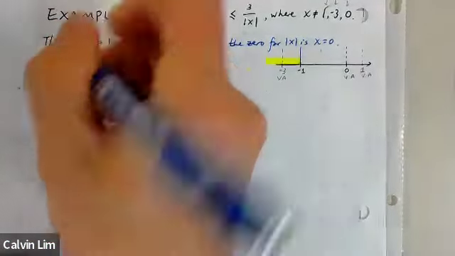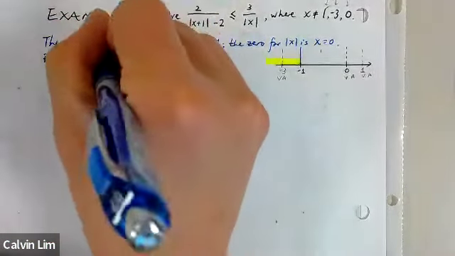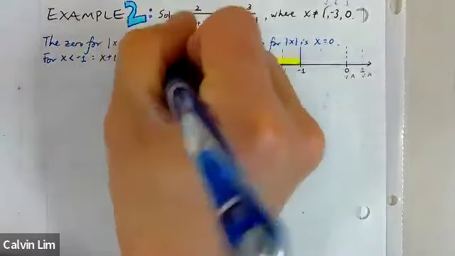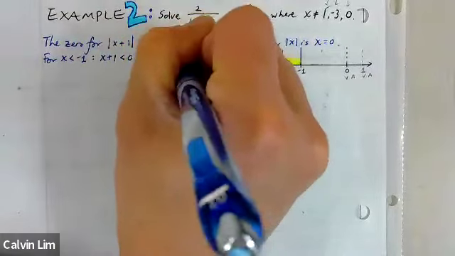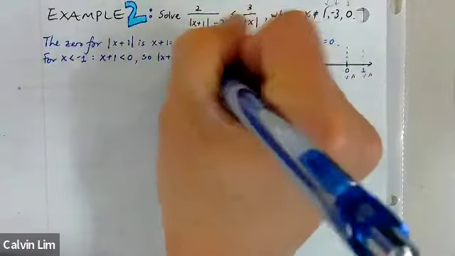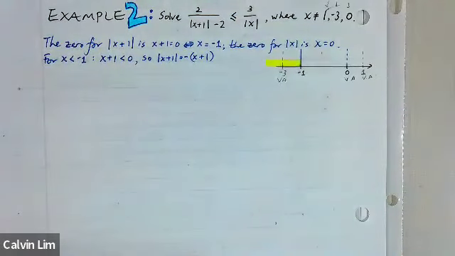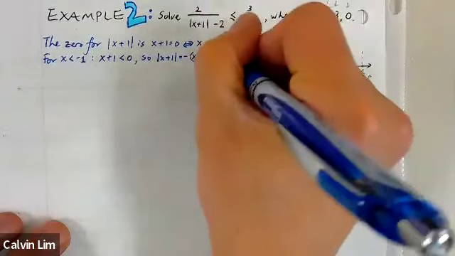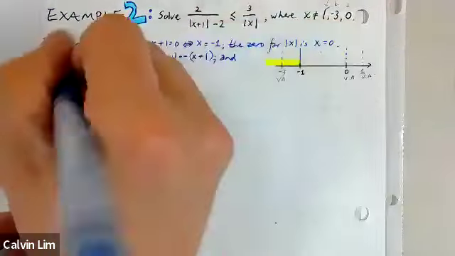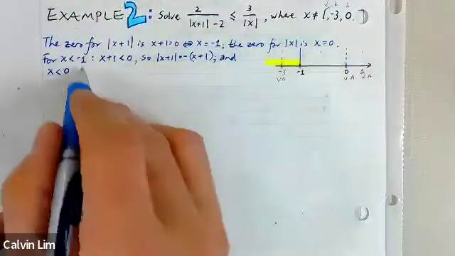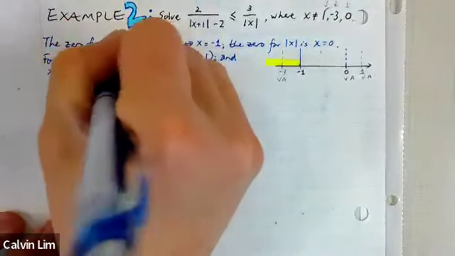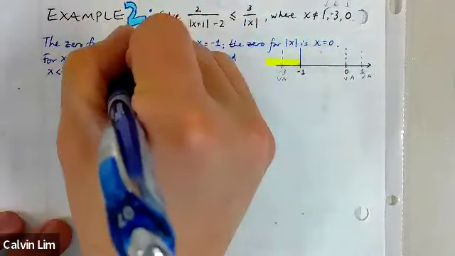Now, for x less than -1, x plus 1 is negative. So absolute value of x plus 1 without the absolute value sign is x plus 1 multiplied by -1. Okay. And x is less than 0, right? x will be less than 0 and x is less than -1. So absolute value of x without the absolute value sign is -x.